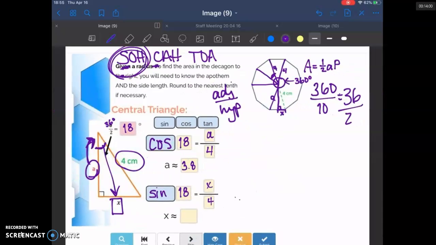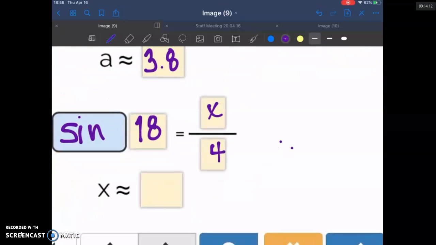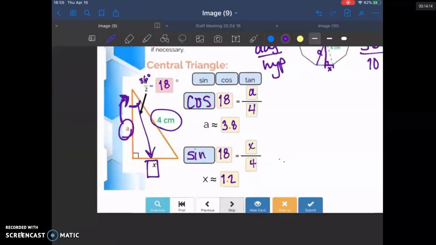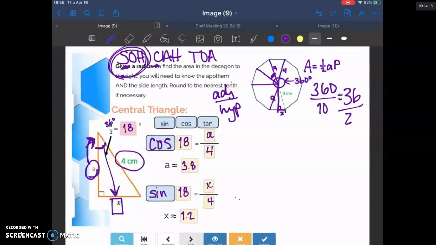I'm going to my calculator, sine of 18 times 4, and that gives me x, which is 1.2. So now we have mostly what we need.